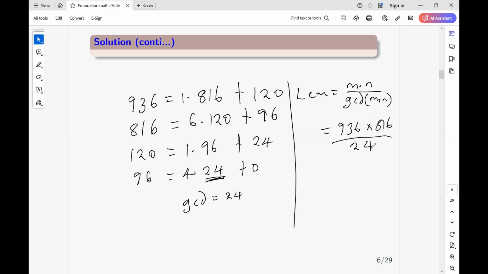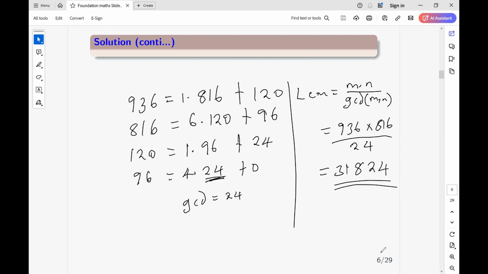So we can just use a calculator here. What do you get? This is the LCM. So that's how you use that knowledge to find the LCM of the two numbers.